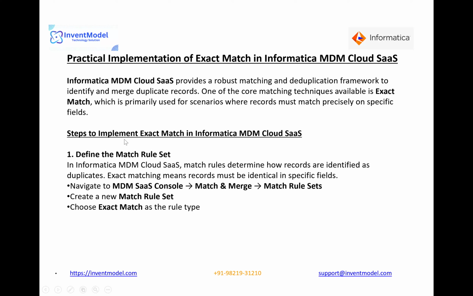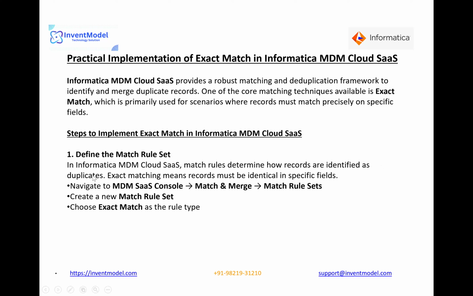Now what are the steps to implement exact match in Informatica MDM Cloud SaaS? First, define the match rule set. In Informatica MDM Cloud SaaS, match rules determine how records are identified as duplicates.